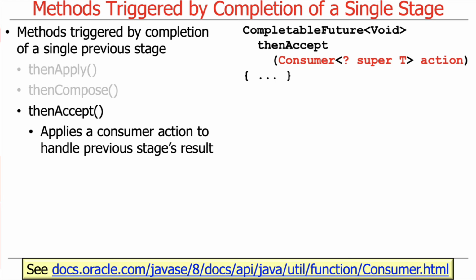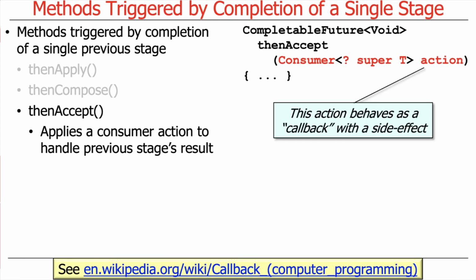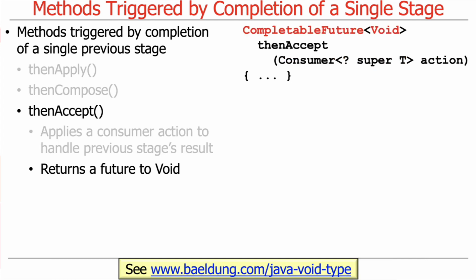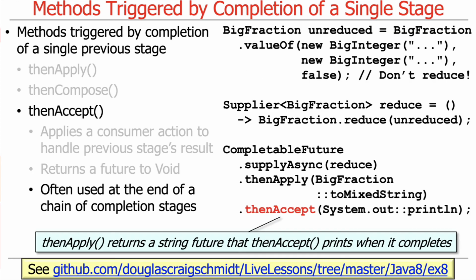It consumes something, and it'll apply this action to the results of the previous stage when it finishes running asynchronously. This action behaves as a callback with a side effect. And it returns, using the word loosely, a future to void. That just means it doesn't have a return.